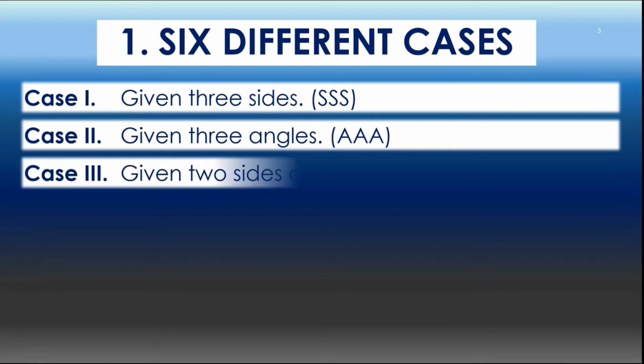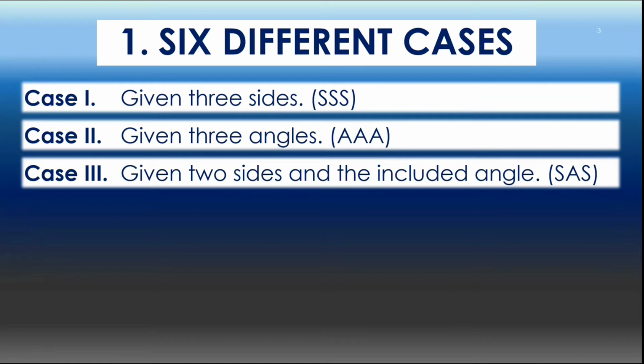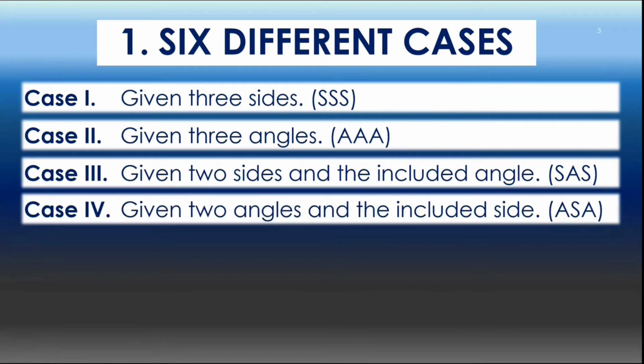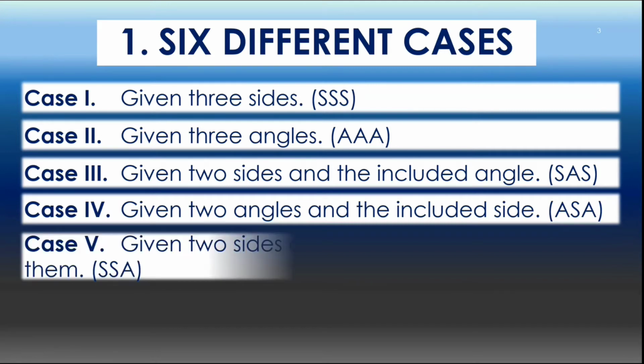Then case three, given two sides and the included angle. That is the SAS. Two sides and an included angle that is in between the two said sides. Then case number four, given two angles and the included side. What is the side in between the said two given angles?